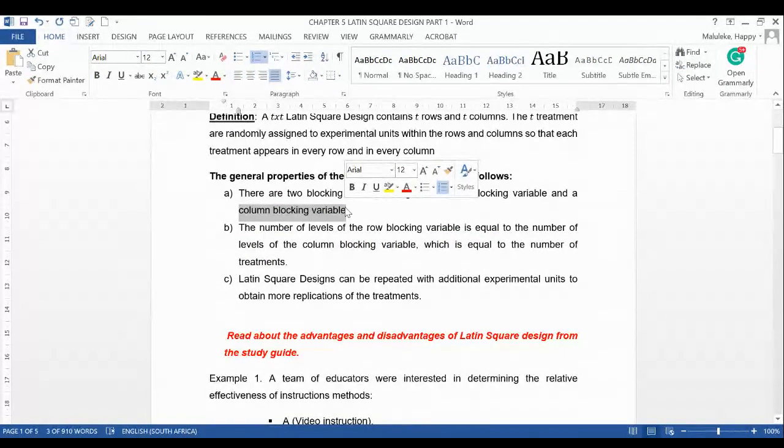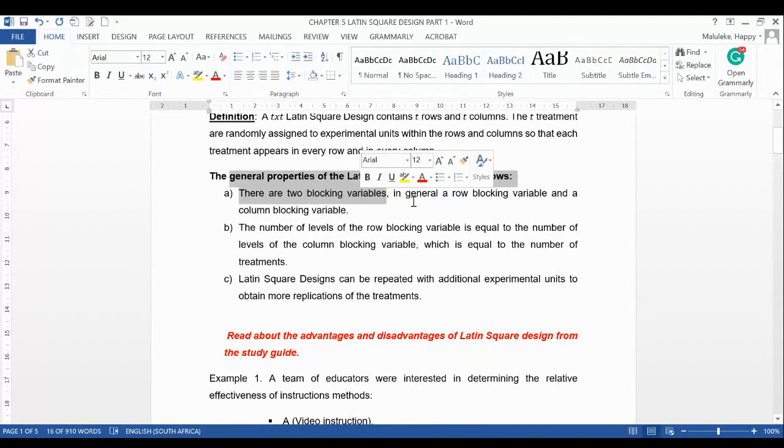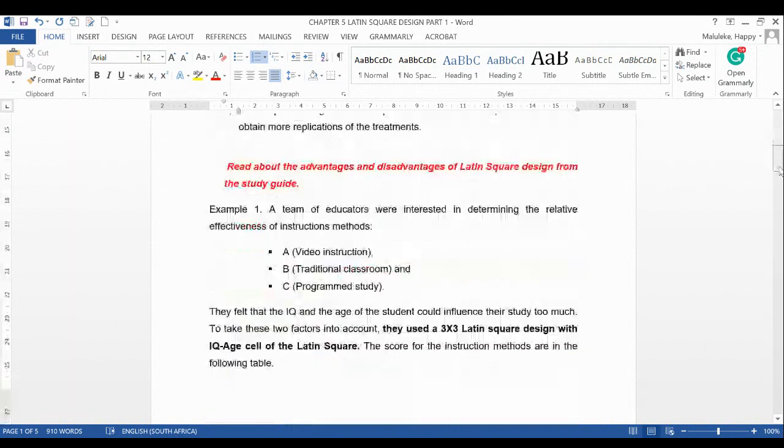These are the three general properties of experimental design. Two blocking variables, you block by rows and you block by the columns. Second, the number of levels of the row blocking variable is equal to the number of levels of the column blocking variable, which is also equal to the number of treatments. What do we mean by this? Let's go back to the example.